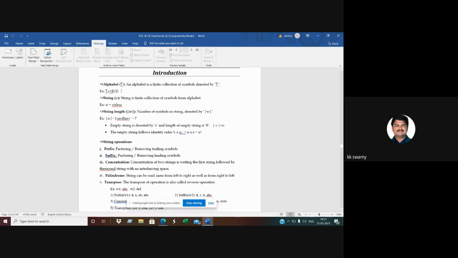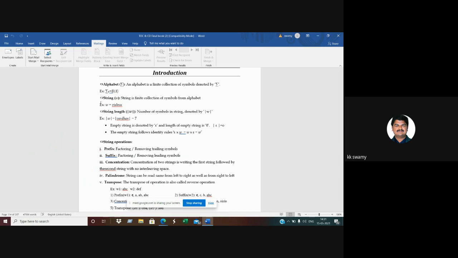Next, what operations can we perform on a string? The string is okay, but why do you want to learn all these concepts? Here we are going to interact with the machine, with the compiler. How do you interact with the compiler? By using language notations. That's why, before learning the language, first what basic concepts are required?